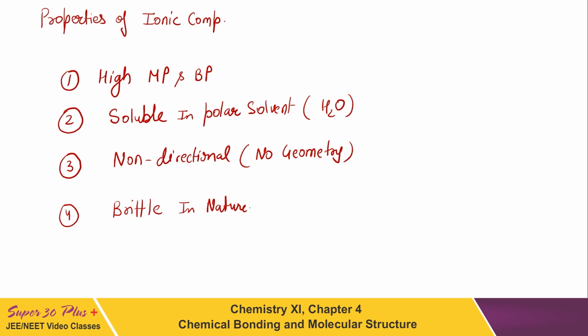In the ionic compound we have ionic layers, layers of cations and layers of anions. On applying external force, these layers slide over each other, and because of this sliding process, sometimes similar ions come in front of each other, which causes a great repulsion, due to which the ionic compound splits into smaller pieces. So it is brittle in nature.